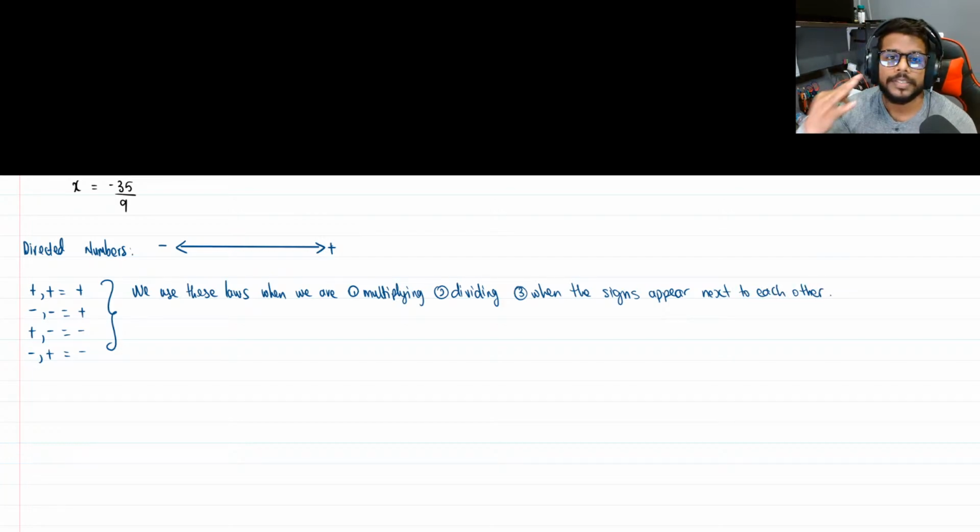Those are the three instances in which we will use these laws. An easy way to remember the laws: if the signs are the same, it's positive. If the signs are different, it's negative. Very, very simple concept to remember.